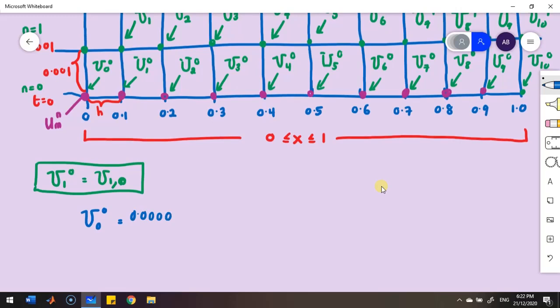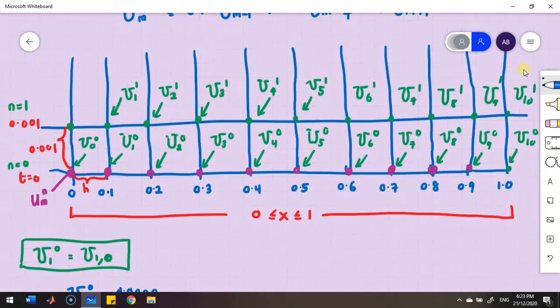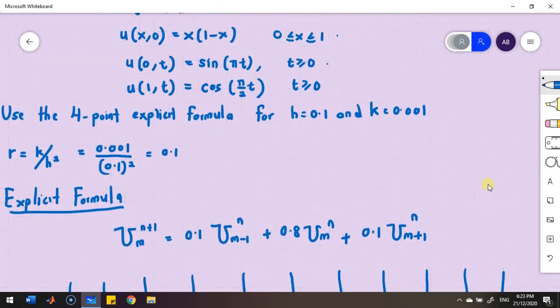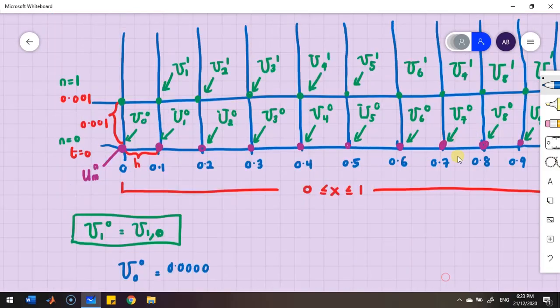Then for U10, x is 1 but time is 0. So obviously I'm going to look at this value here. You have x1 minus x, now you understand why I have a comma here, right?